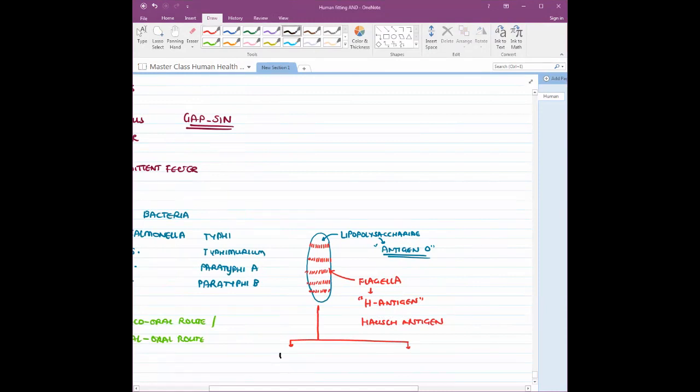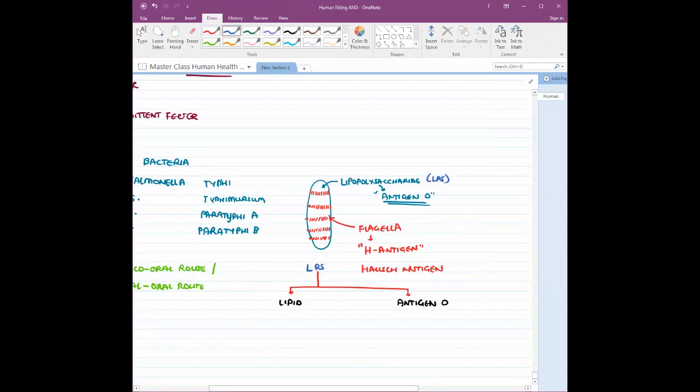So it consists of two types: the lipids and antigen O. We are talking only about the lipopolysaccharide, guys, which we label as LPS.